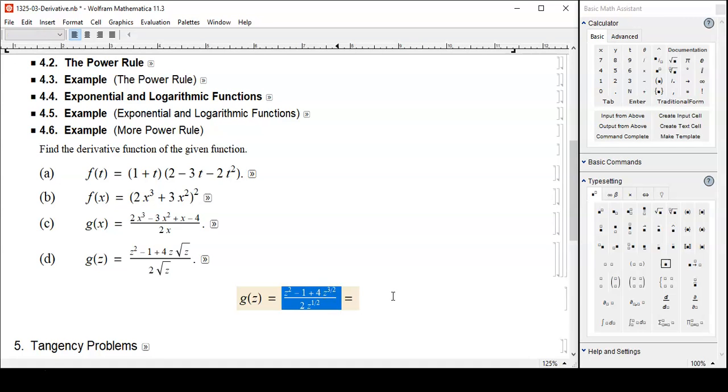So you can separate like this. Minus 1 over 2z to the 1/2 power plus 4z to the 3/2 power over 2z to the 1/2 power.